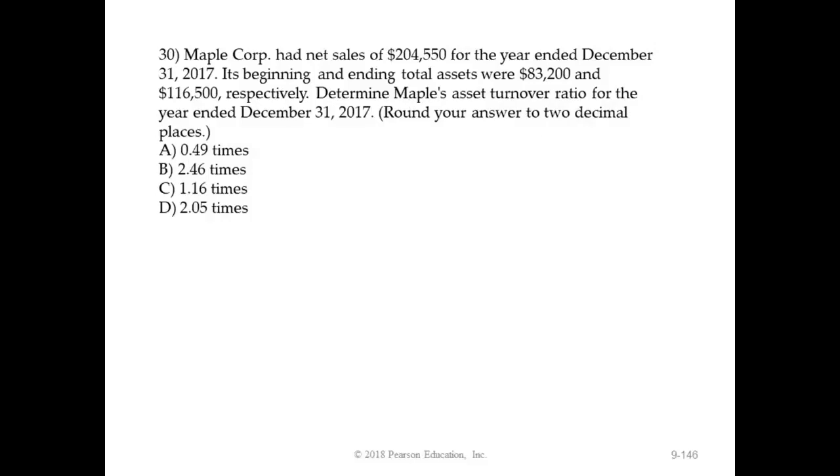So again, 204,550 is going to be my numerator. Average total assets of $83,200 plus $116,500 divided by 2. I'm going to throw all those numbers into the formula, and I'm going to come up with an asset turnover ratio of 2.05 times. So the correct answer on this one is D.